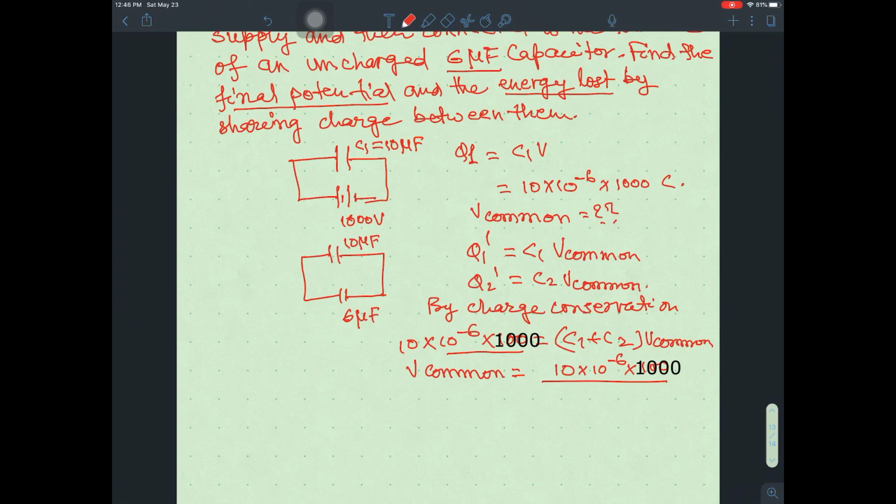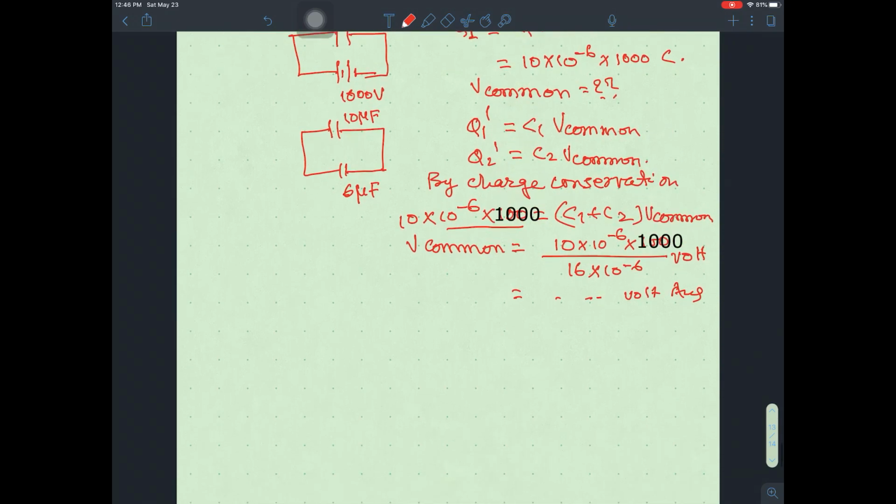C1 plus C2 is how much? 10 plus 6, 16, into 10 to the power minus 6 volt. Do the calculation and you will get the answer. This much volt will be your answer. This calculation I am leaving to you, it is not difficult. It is simply 10 to the power 4 by 16.